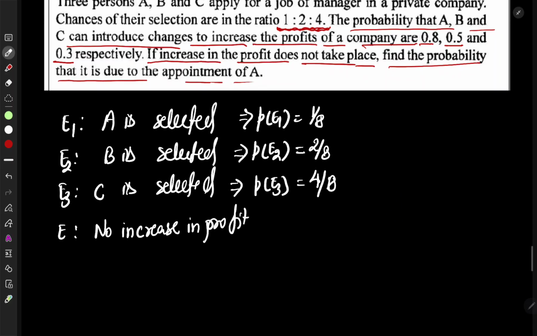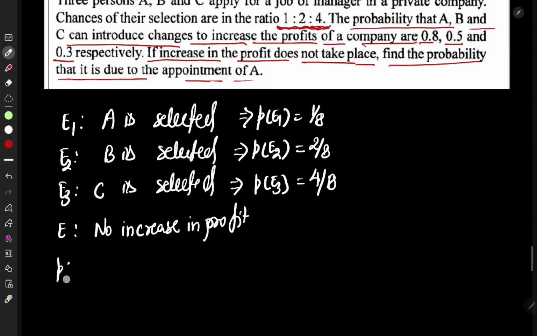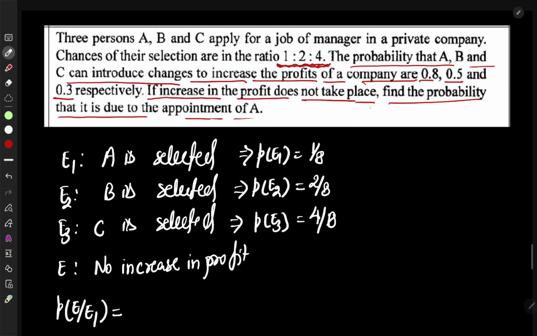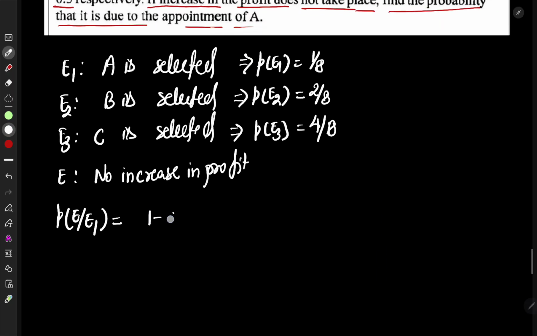And after that, what is the probability of E when you are already going through E1, meaning no increment? If there is any profit, then 0.8, that is, A will be selected, but no profit means 1 minus 0.8, so 0.2. So what will the probability of E bar be here? E bar means increase in profit.